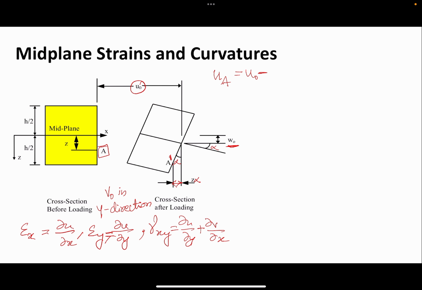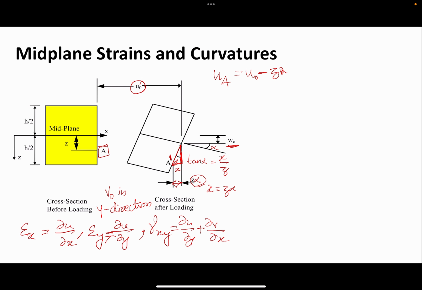If you consider this right angle triangle and call this unknown x, tan alpha equals x divided by the distance of A from the midplane, which was z, so x by z. If alpha is a very small angle, because that was one of the assumptions, all deformations are small, then we say x equals z times alpha. That is what is denoted here. So uA equals u naught minus z alpha.